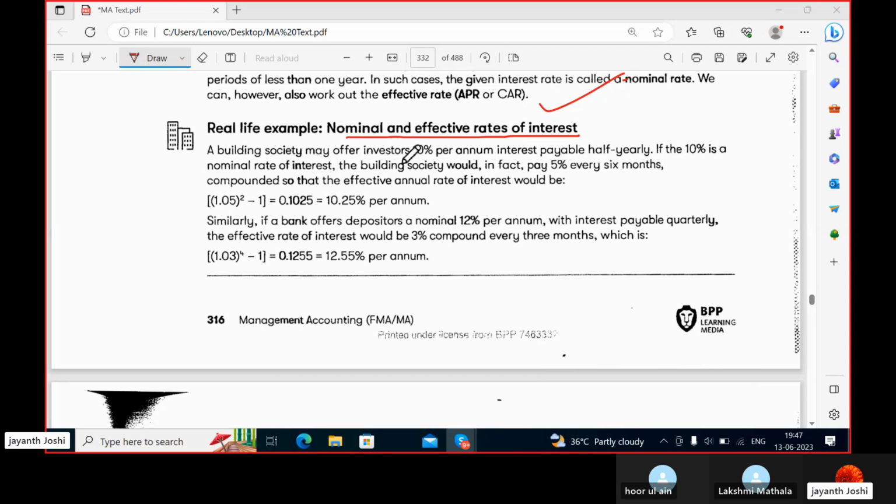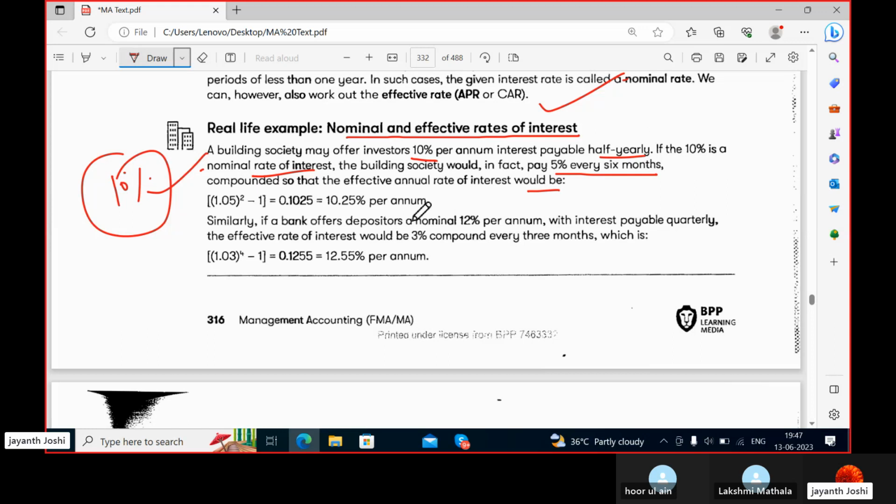A building society may offer investors 10% per annum interest payable half yearly. If the 10% is a nominal rate of interest, that is 10% is annual rate of interest. If it is 10% per annum, it is 5% every 6 months. Compounded, so that effective annual rate interest would be what?